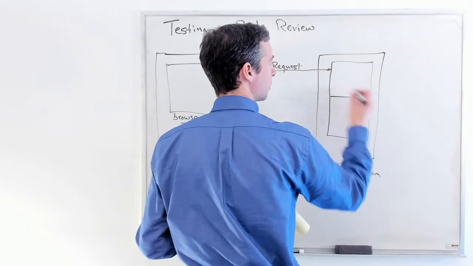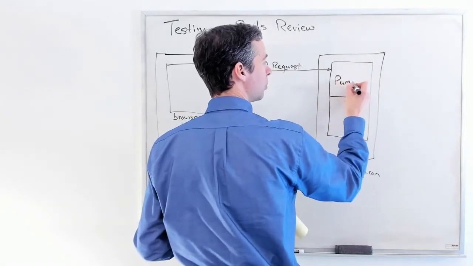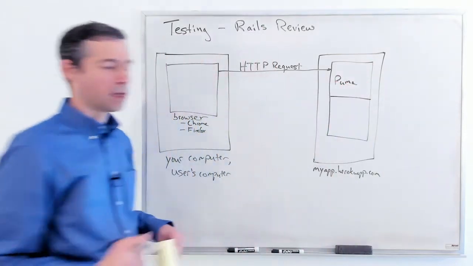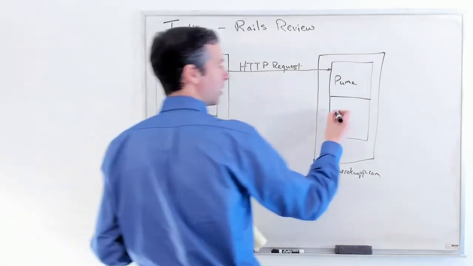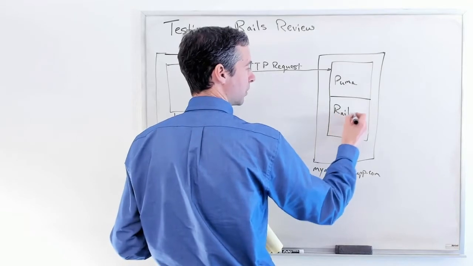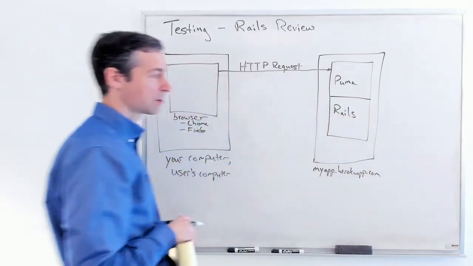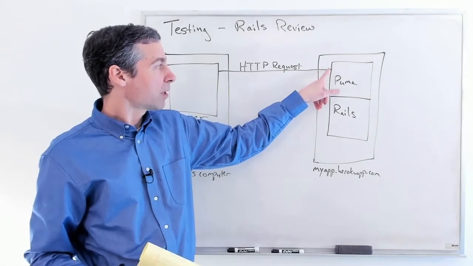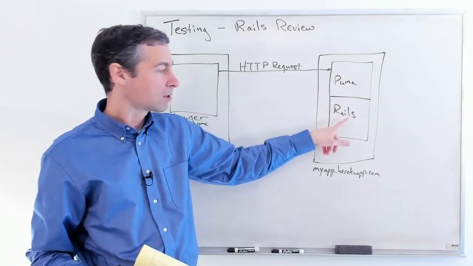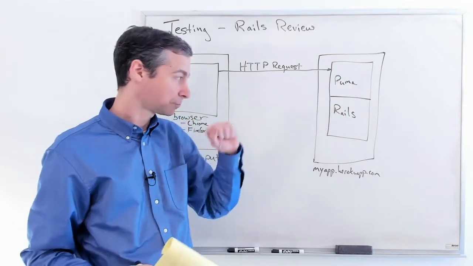The web server that we are running is Puma. Okay, and we have connected to Puma a whole bunch of code for Rails. And so Puma says, oh, I've got that request, and hands it off over to Rails.